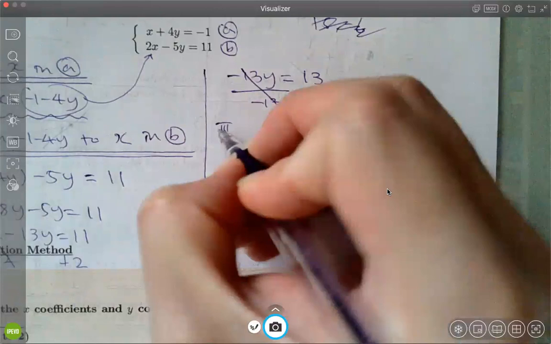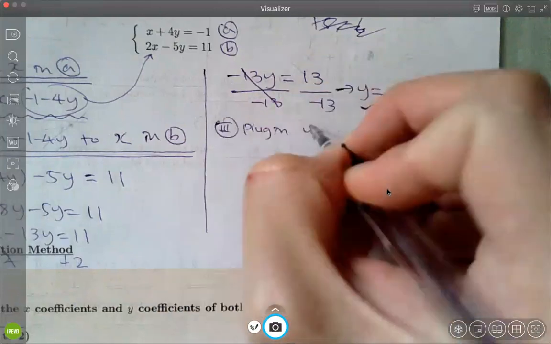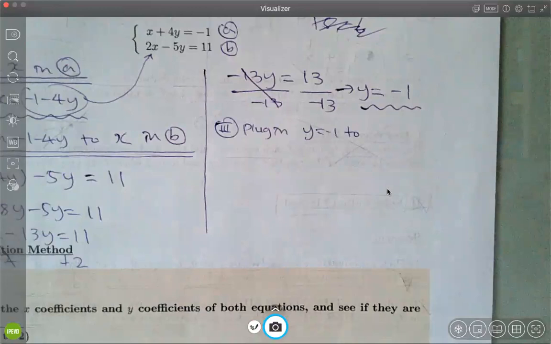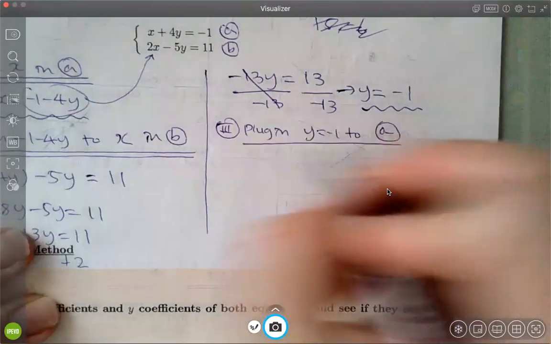Plug in y equals negative 1 into either equation, right? Now, which equation is easier to work with? A, right? Yeah, because the coefficients are smaller, right? Okay, so what do you get?